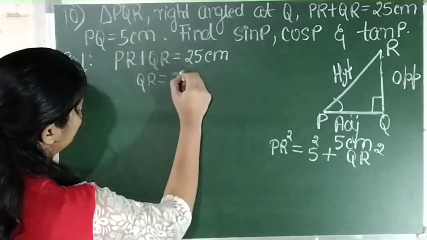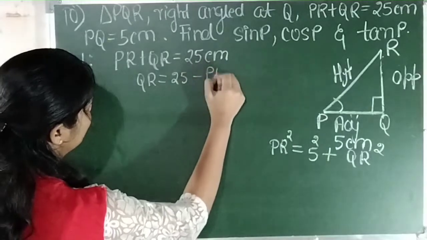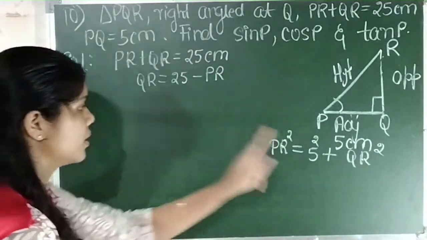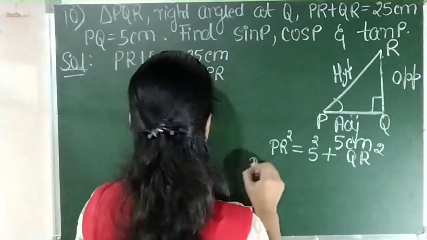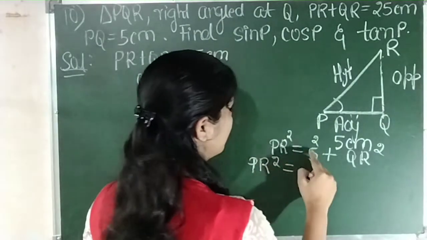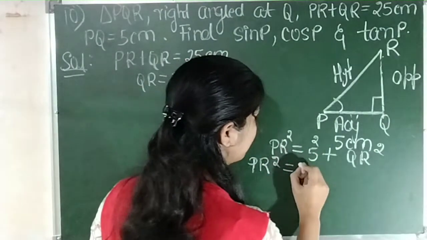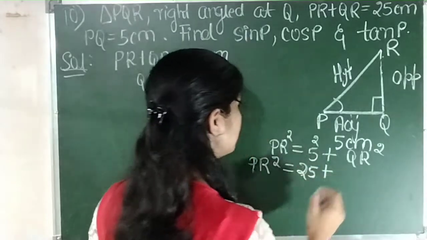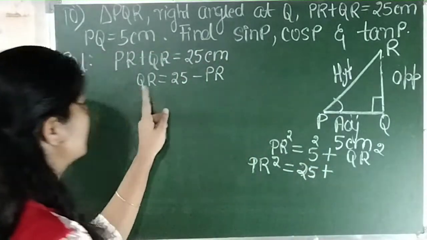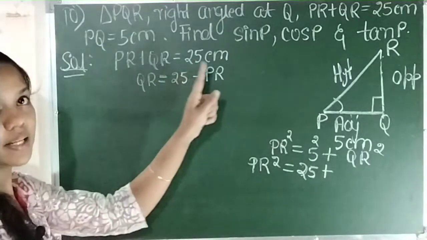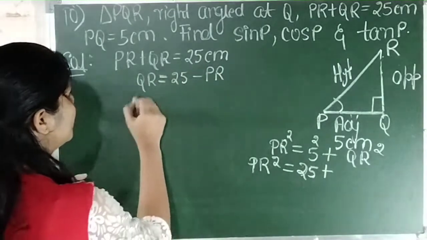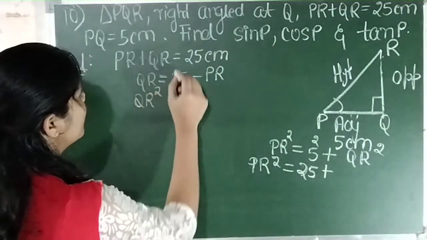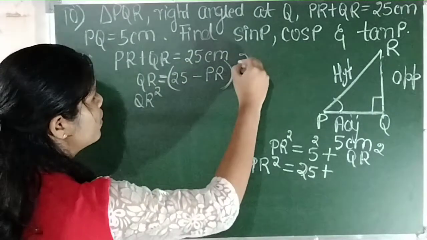QR is equal to 25 minus PR. Substitute here. 5 square is 25 plus QR square. QR square is nothing but 25 minus PR whole square.